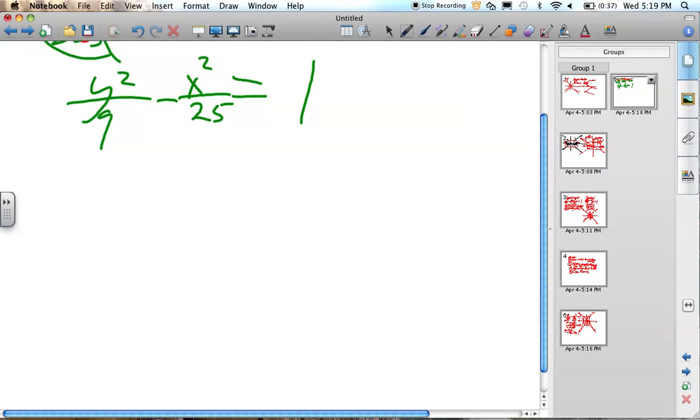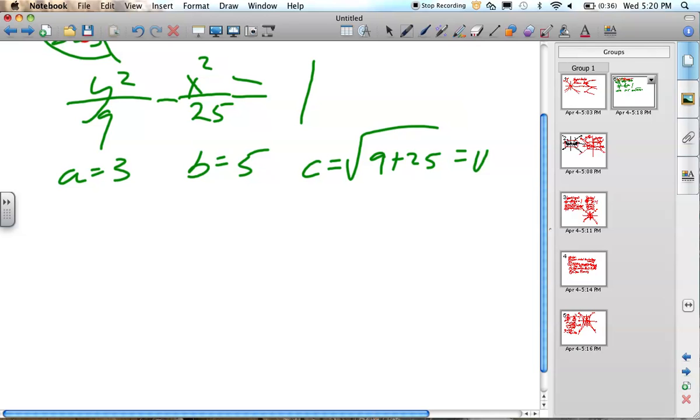This is more of the form we're used to seeing. A is 3, B is 5, C is going to be equal to the square root of 9 plus 25, which is the square root of 34. Okay, so now we're going to graph this guy.